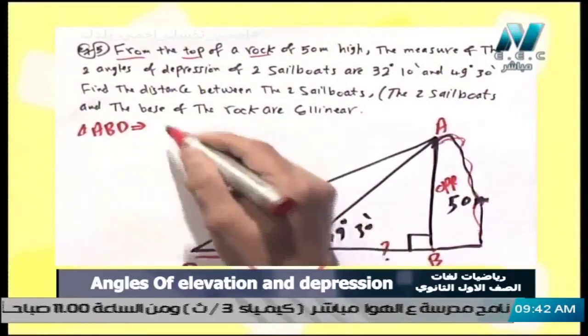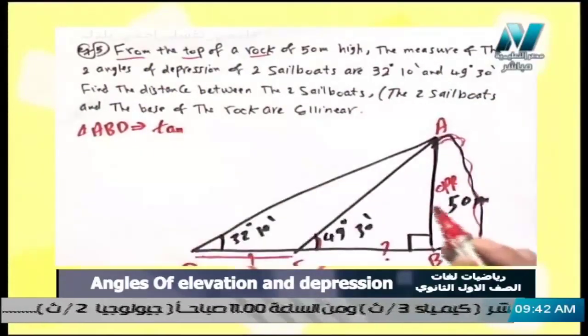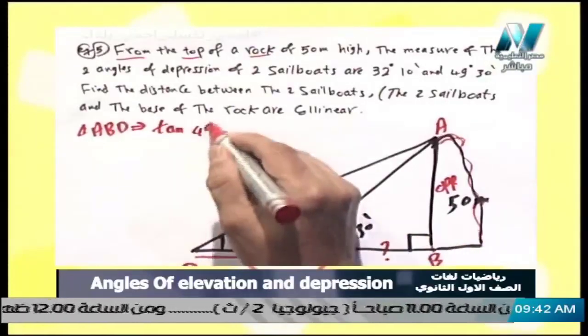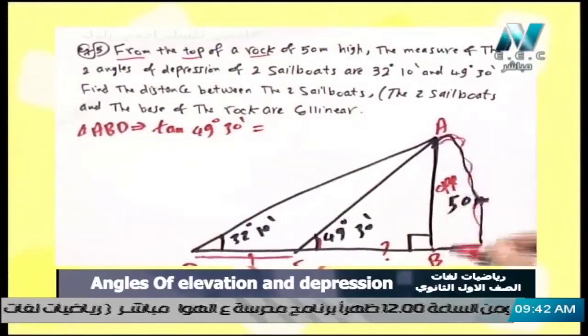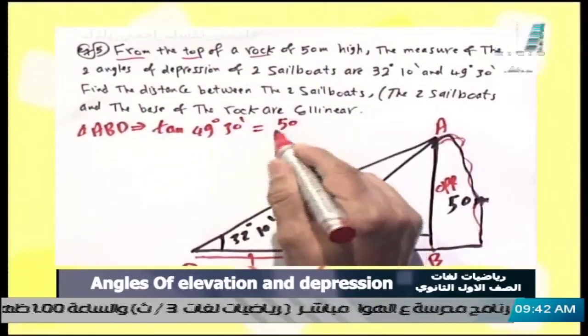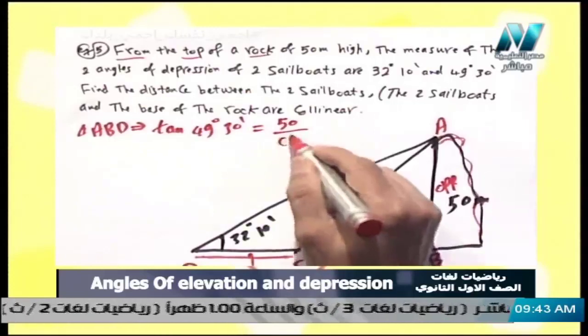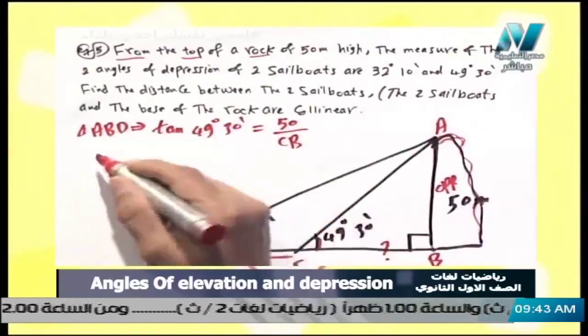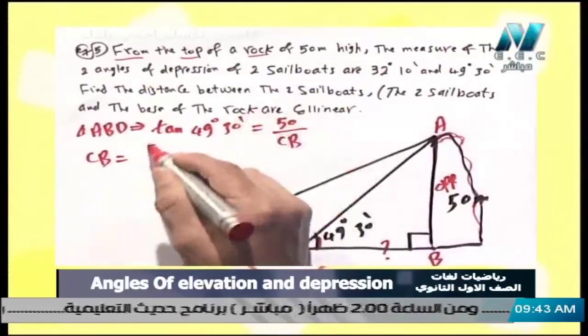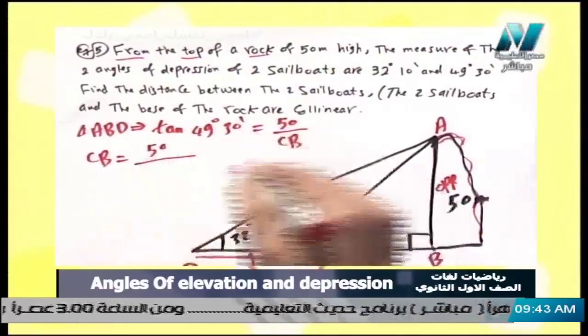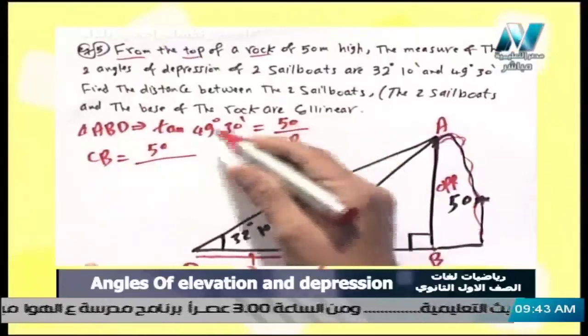Tan 49:30 equals opposite, which is 50, over CB, which is unknown, and CB now equals 50 over tan 49:30, by using cross multiplication.